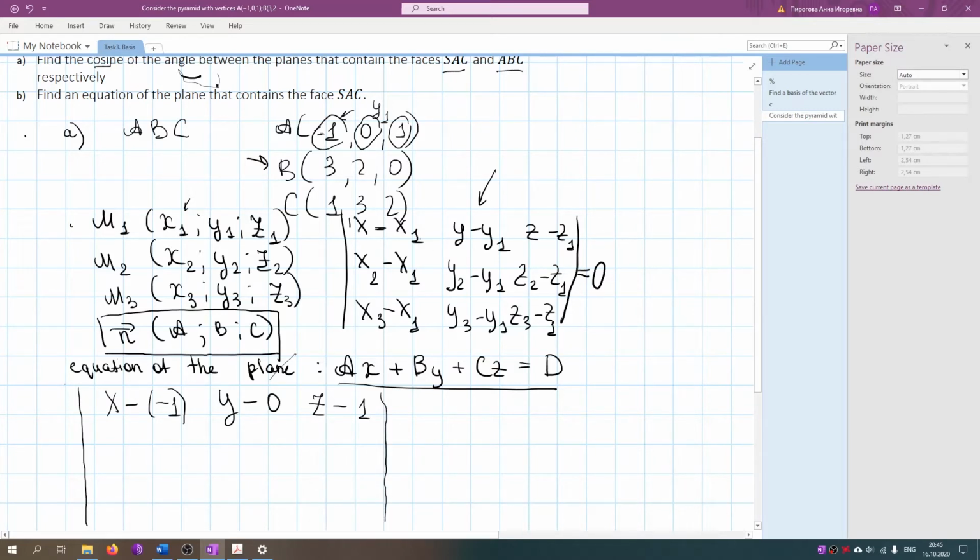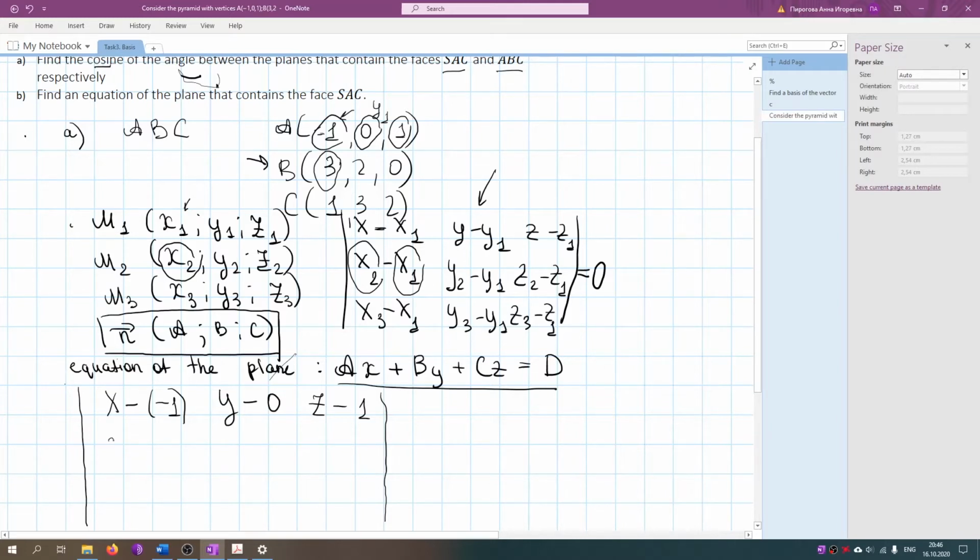And then we will take the coordinates of the second point. And according to the formula, we need to subtract the coordinates of the first point from the coordinates of the second one. So the coordinate of the second point is 3. And the coordinate of the first point is -1.